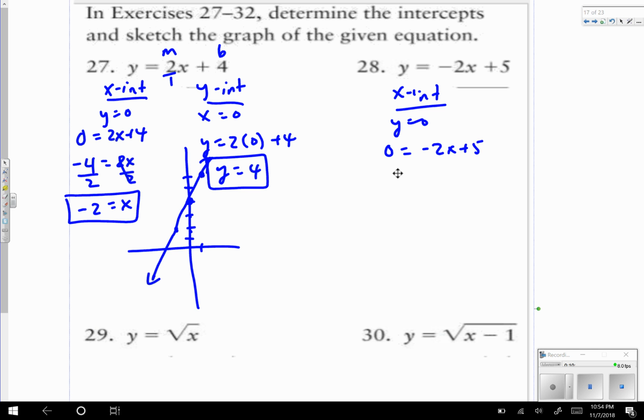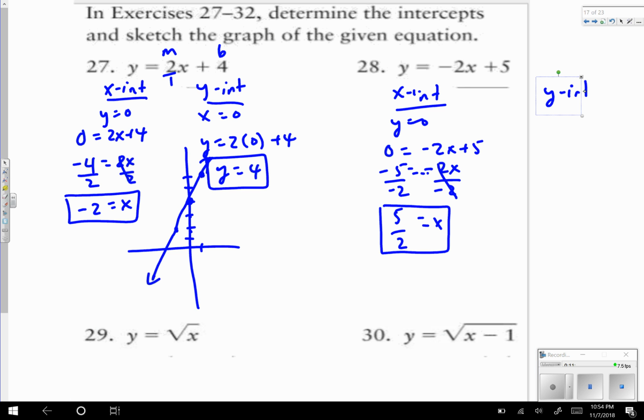So I'm going to subtract 5 from both sides. So negative 5 is equal to negative 2x. Divide both sides by negative 2. So I'm going to cancel that out. Negative 5 divided by negative 2 is positive 5 over 2 is equal to x. There is my x-intercept.